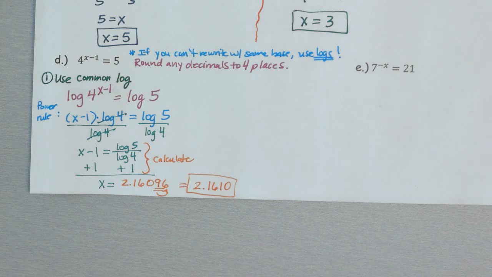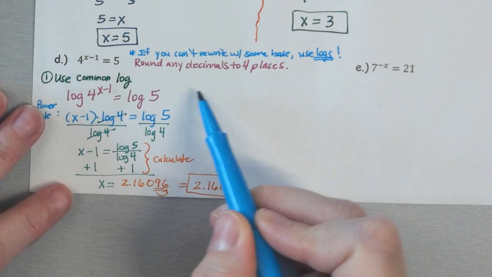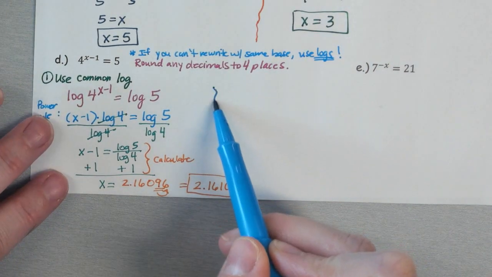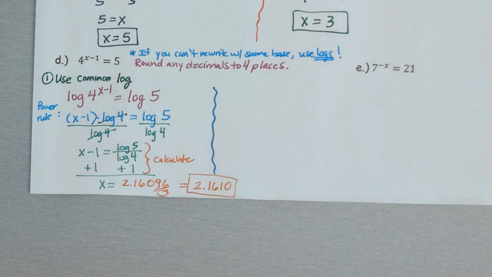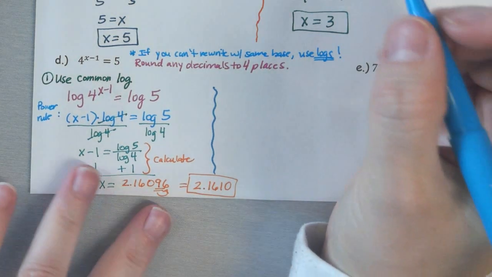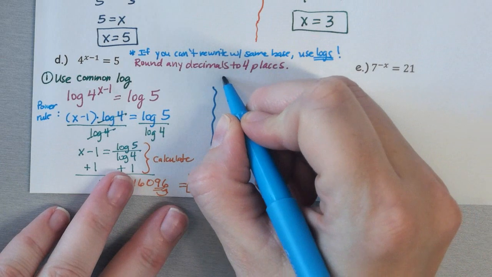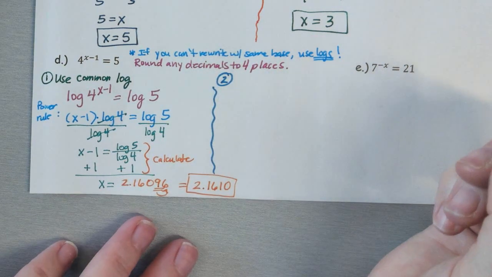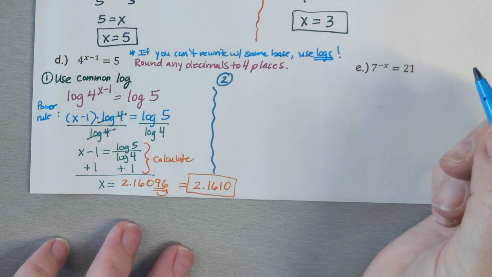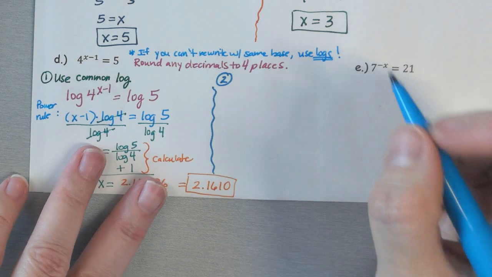Okay, so that's the first one, the common log. Any of you know what the second one is? So yesterday we learned about different logs. We learned about the change of base formula, which I kept up on the board. With the change of base formula, we could use the log base 10, or we could use the log with what? Remember we did some of those yesterday by hand? You can use the log with any base that you want to.